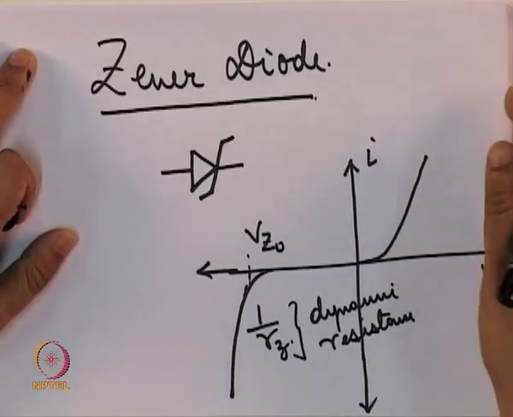Now, the most popular application of a Zener diode is for voltage regulation. So, let us draw the circuit for that voltage regulation.